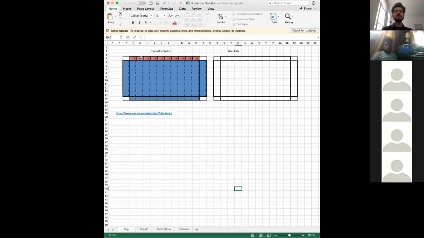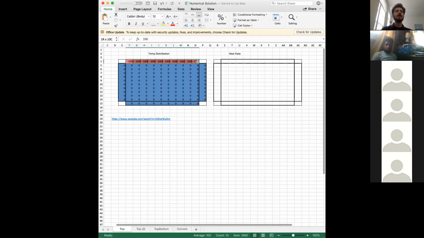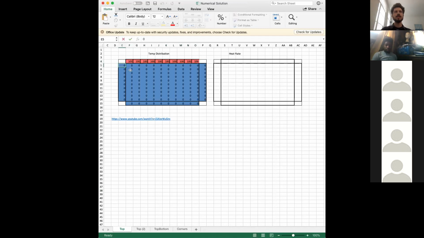So this is basically the temperature distribution we were looking at in class, where you've got some non-zero temperature at the top, and then all the other temperatures are 0. Does this look familiar from your class notes? Okay.